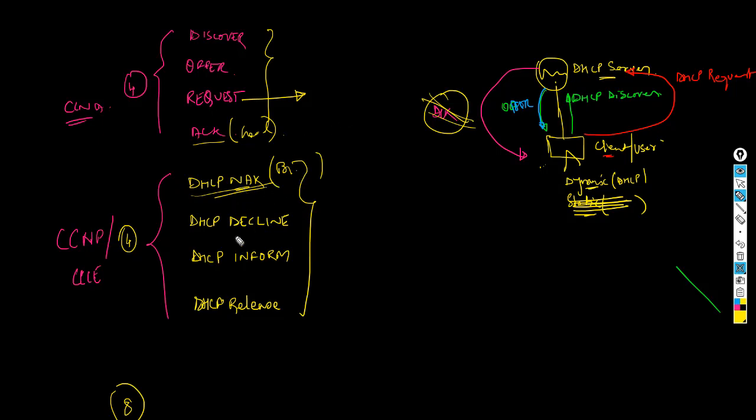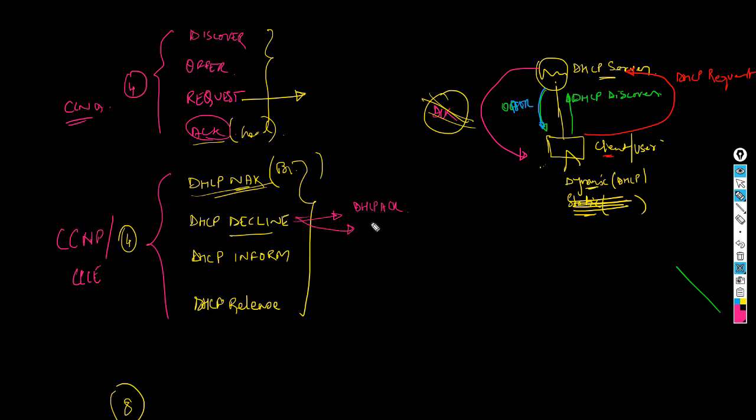Now what is DHCP decline? So decline is sent by the client. Decline is when the DHCP acknowledgement has been received. The DHCP client is happy. It has taken the IP address.